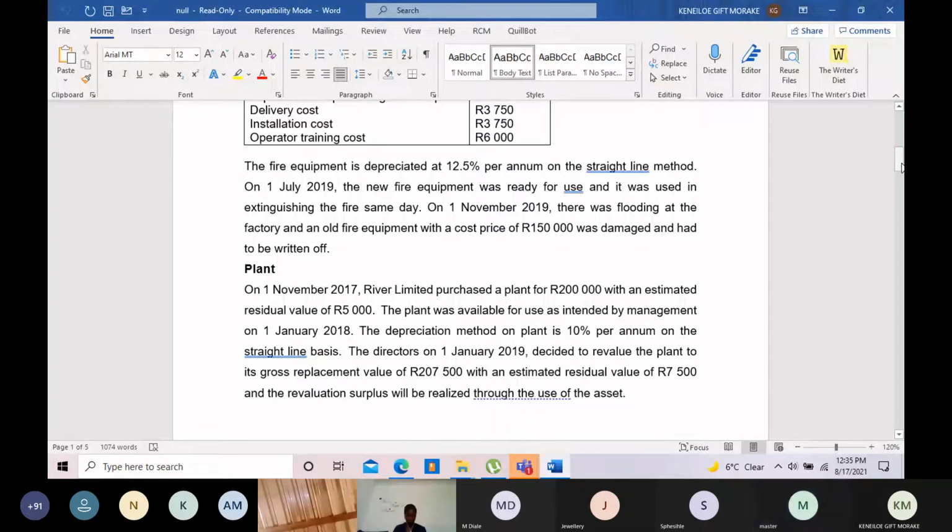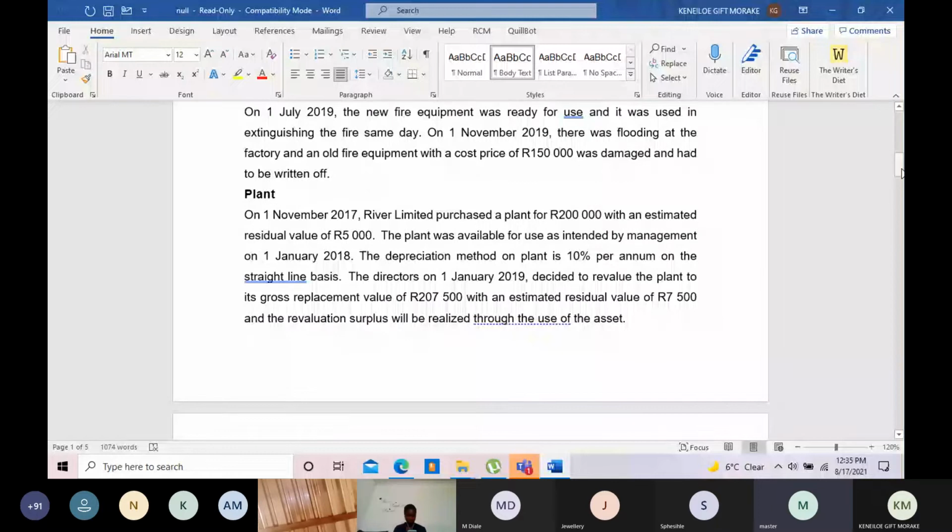Let's jump into the plant. They said under the plant, on the 1st of November 2017, River Limited purchased plant for 200,000 and a residual value of 5,000. If you want to calculate the depreciation and at the same time you are given the residual value, you need to treat the residual value in the same way as you treat the accumulated depreciation.